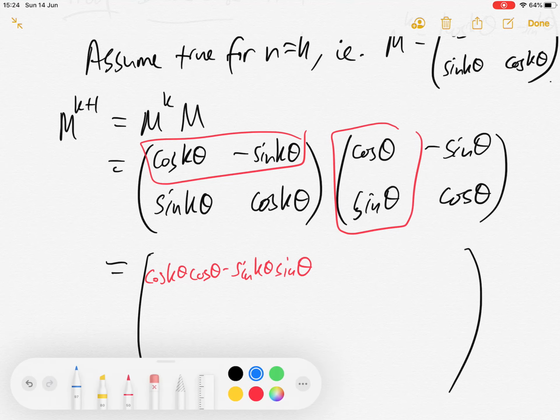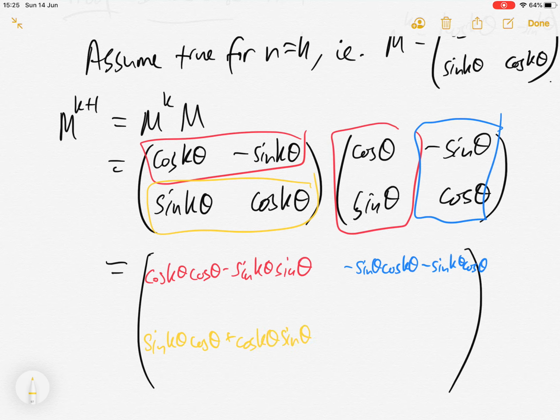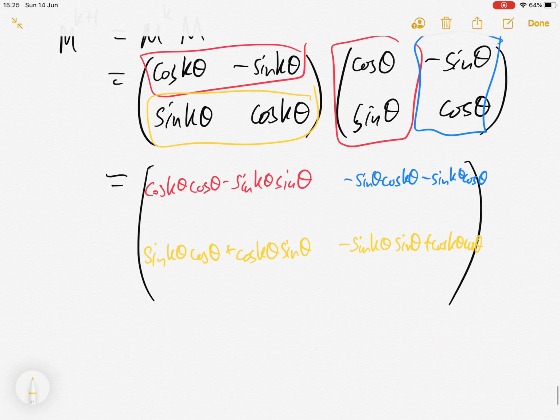Then the top right entry is red row, blue column, which is minus cos k theta sine theta minus sine k theta cos theta. Then the bottom row, yellow row, red column, that's sine k theta cos theta plus cos k theta sine theta. And then yellow row, blue column is minus sine k theta sine theta plus cos k theta cos theta.